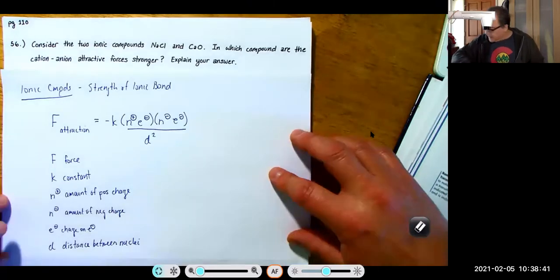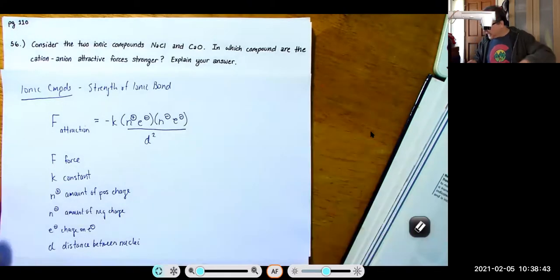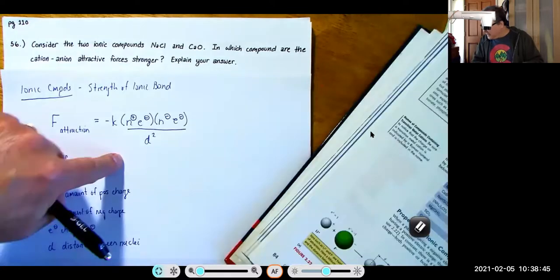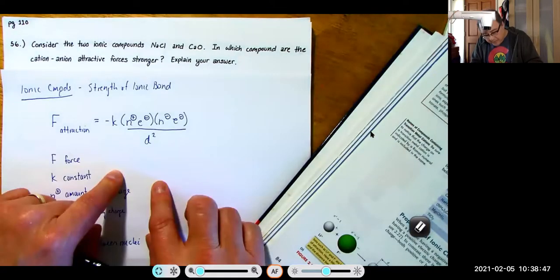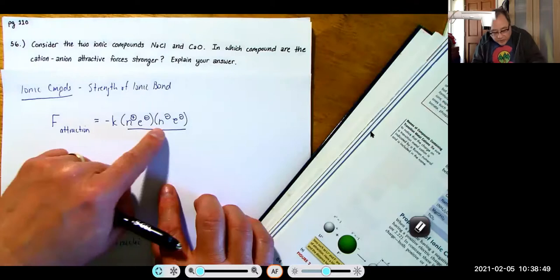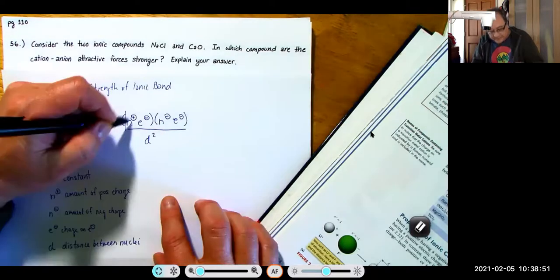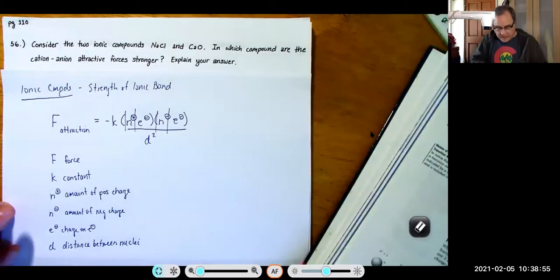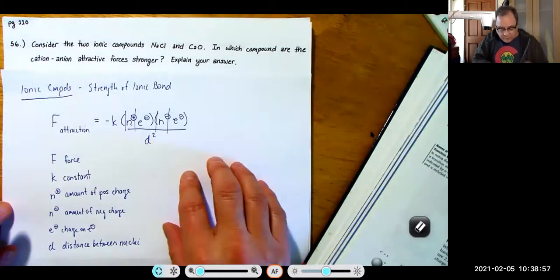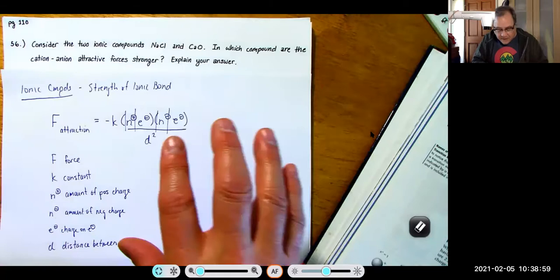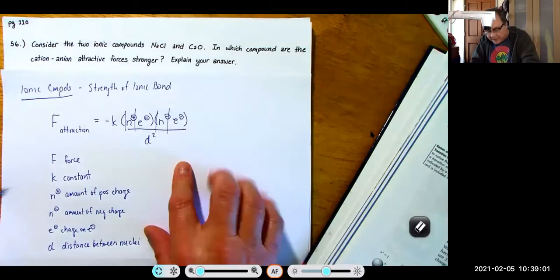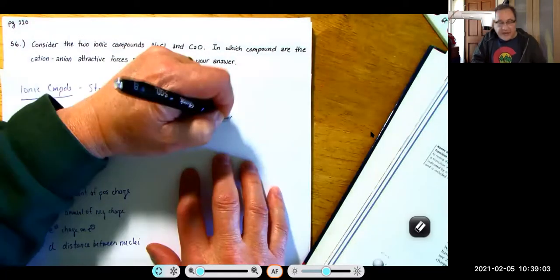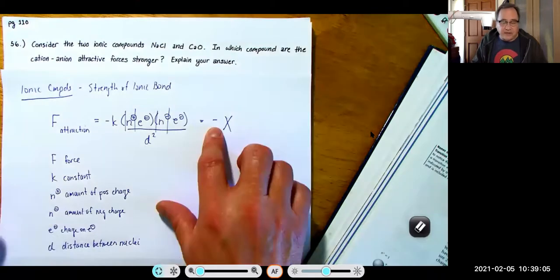Okay, now this number here, this N plus and N minus, it's really the absolute value. And what you're going to end up with for every ionic compound is some sort of negative X. Negative means they're attracted to one another.